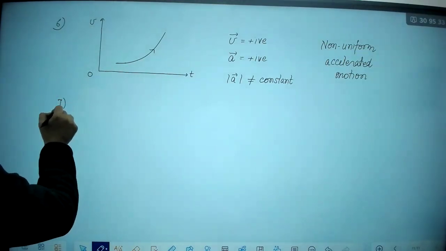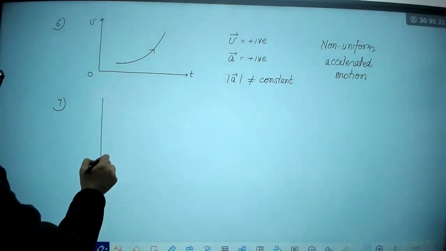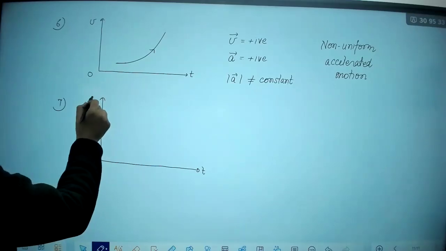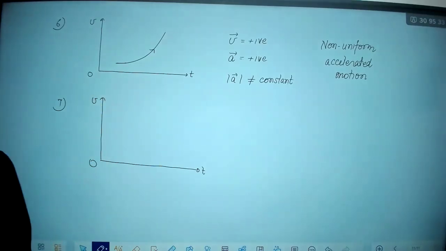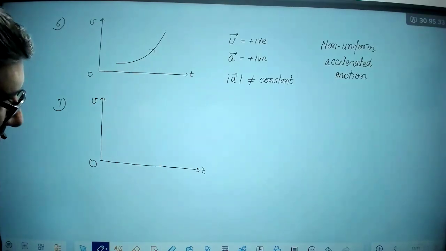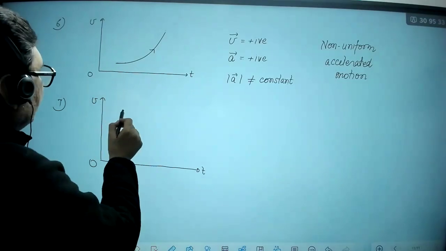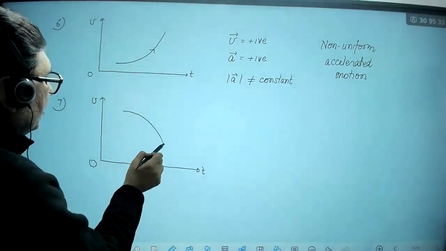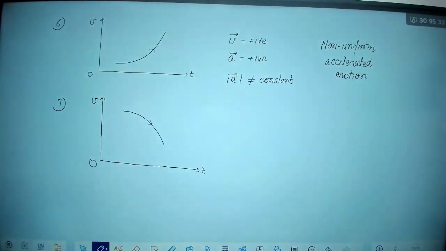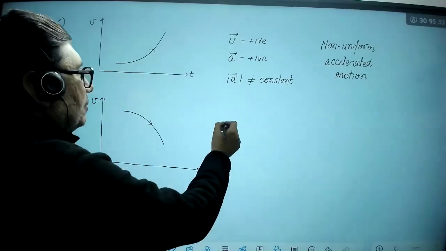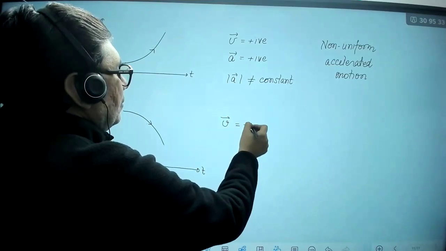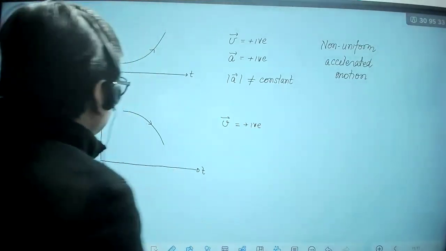Number 7, it is time t. This is v. This is o. Suppose you are having this type of graph. So what is happening here? V is positive.